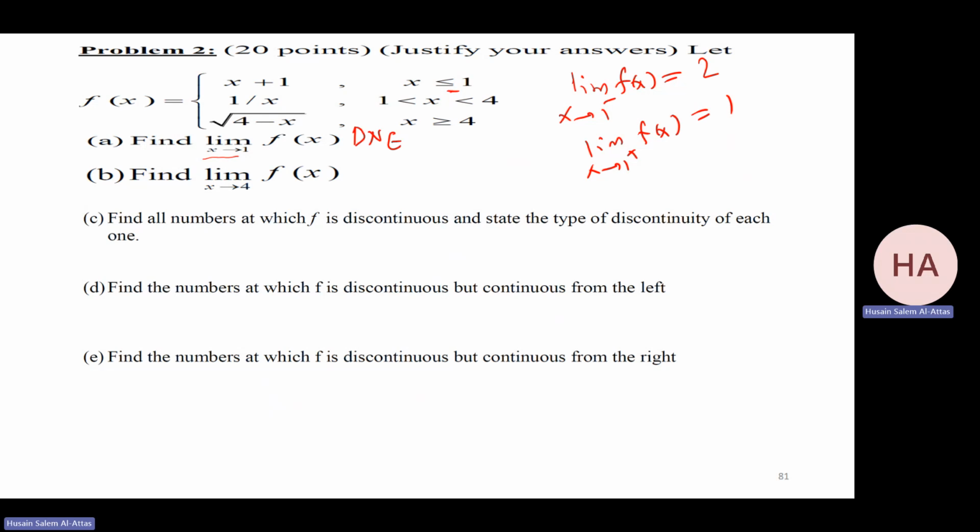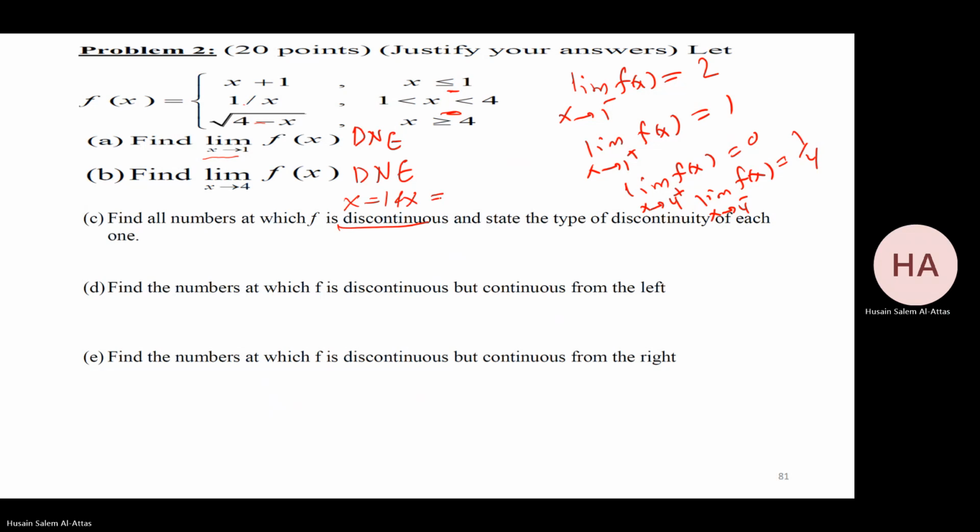For 4, limit as x goes to 4 from right, substituting here gives 0. Limit as x goes to 4 from left, substituting here gives 1 over 4. Also does not exist. Left not equal right. So the numbers of discontinuity are x equal 1 and x equal 4.